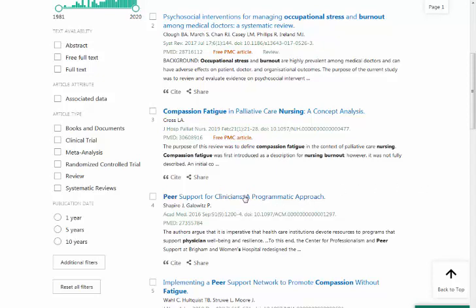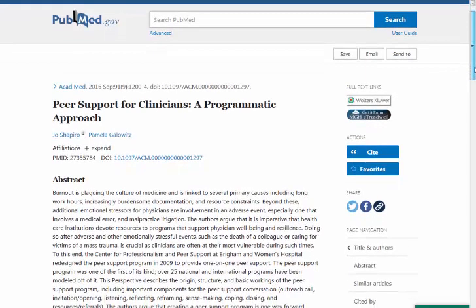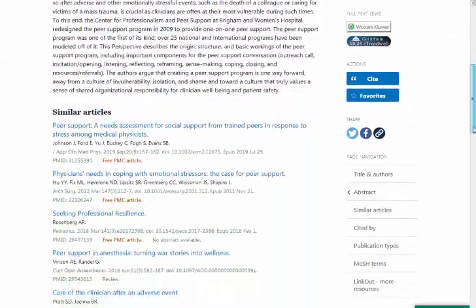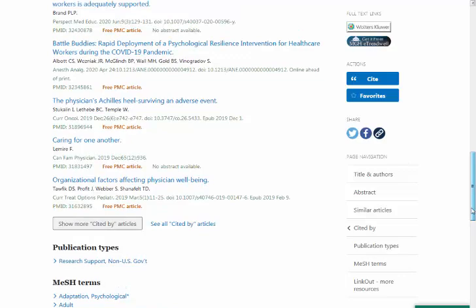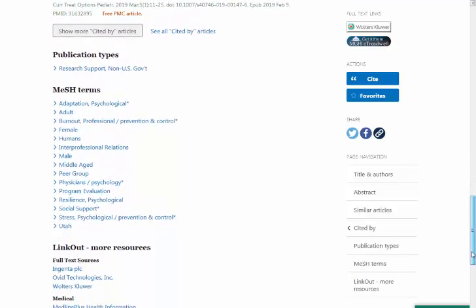But this time, let's click through to take a closer look. Certainly, reading the full abstract often provides alternative terms. But there's another somewhat hidden trove of potential search words. If you scroll down below the cited by section, you'll often find a section called MeSH terms.